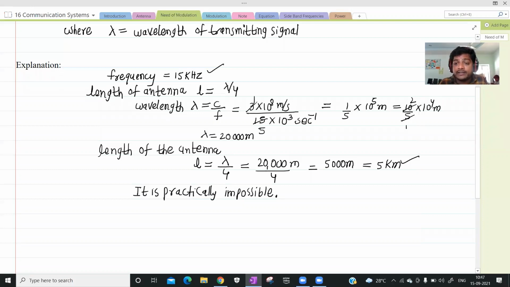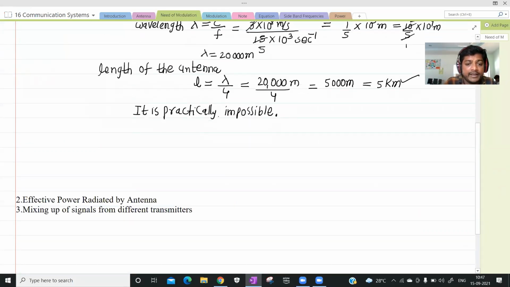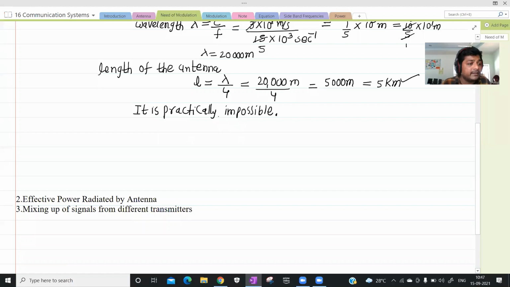Now we are going to increase the frequency of the signal. If you increase the frequency, what happens? Let us see.